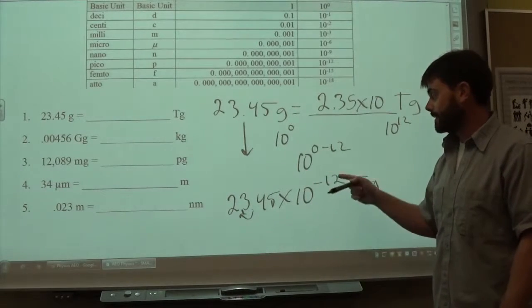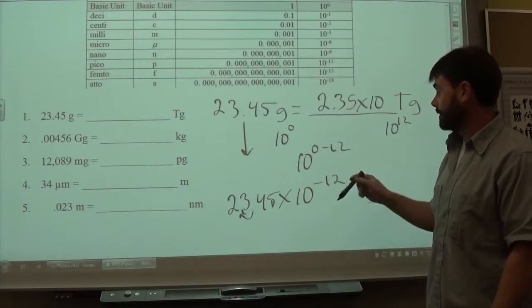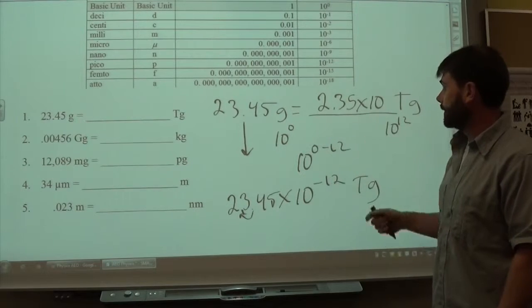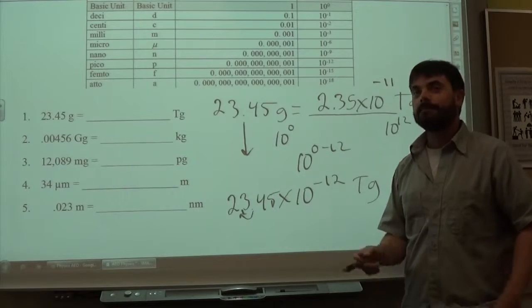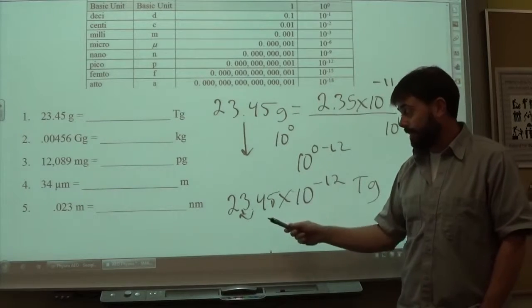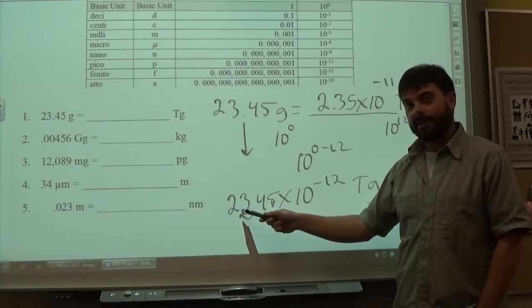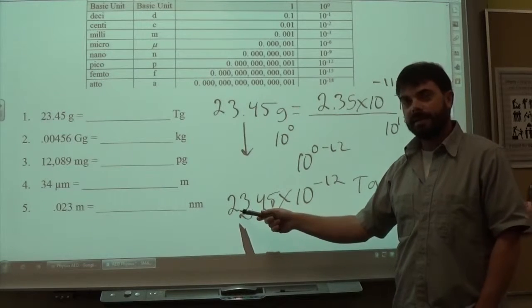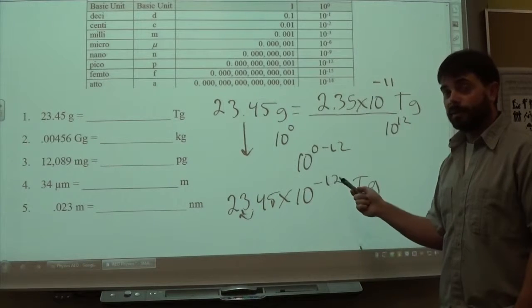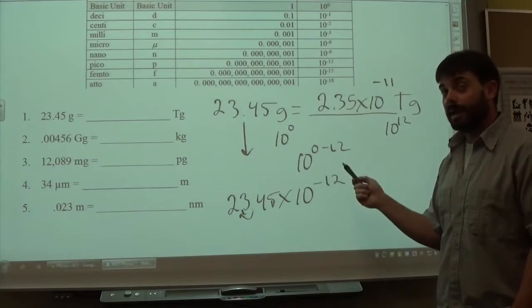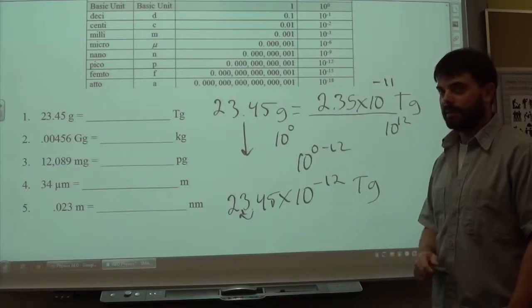23.45 grams is the same as this, which is also going to be the same as 2.35 times 10 to the negative 11th teragrams. I got the negative 11 because I moved this to the left, which is the same as dividing by 10, which means I need to multiply this by 10. Add 1 to, this is a negative 12, so when I add 1 to negative 12, it's going to get me to negative 11.